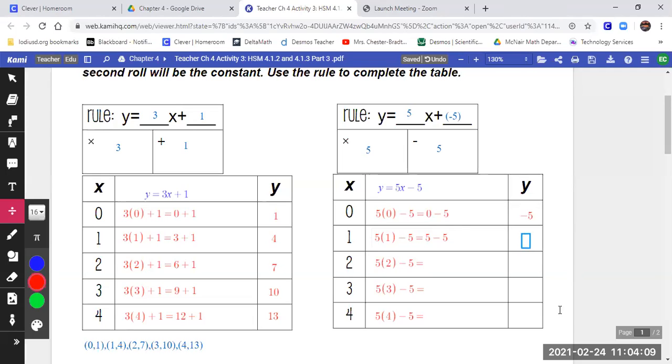Okay, 0. Okay, next level. 10 minus 5. Yep, that's worth 5. Okay, so I'm not going to say it, I'm just going to write it.